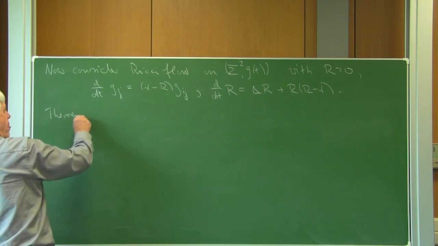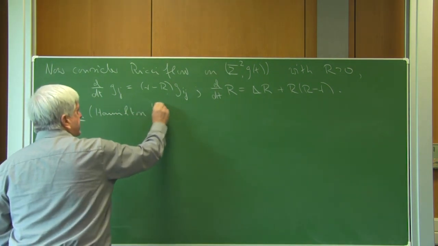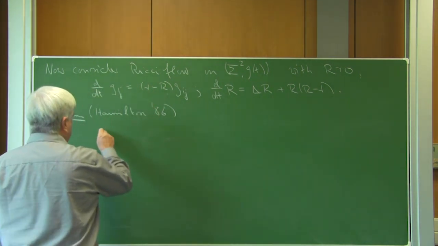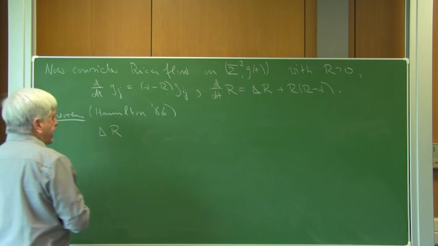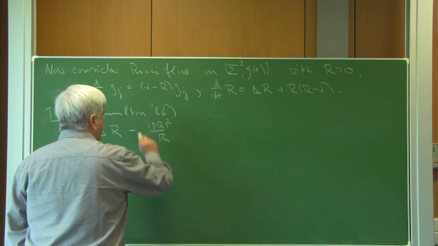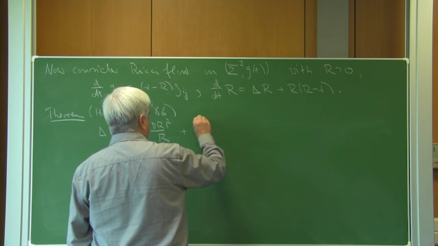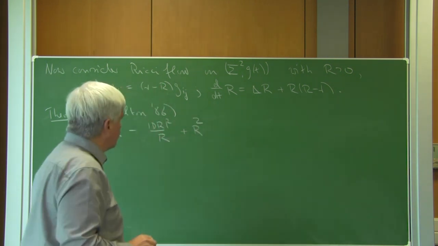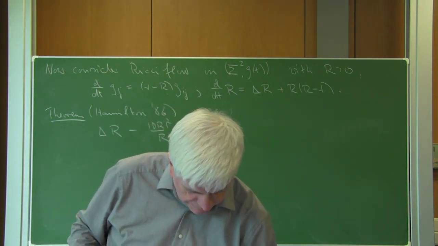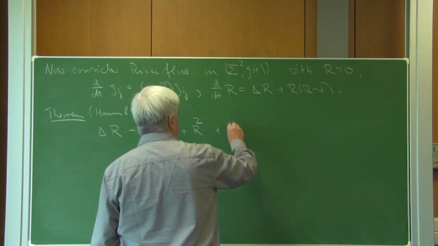So, theorem, Hamilton in 1986, they proved that the Laplacian of the scalar curvature minus gradient R squared divided by R plus R squared plus R over t.